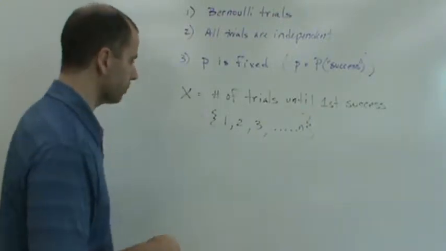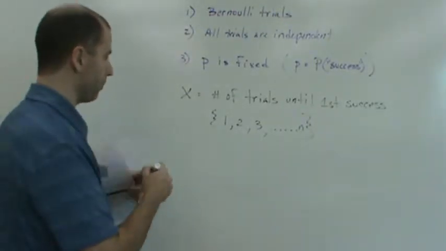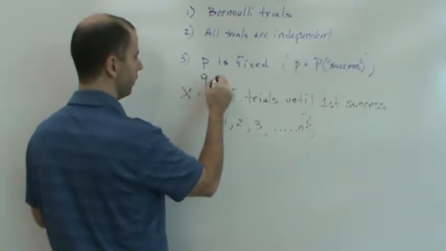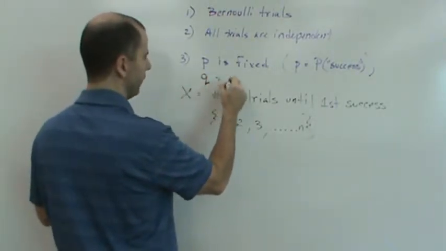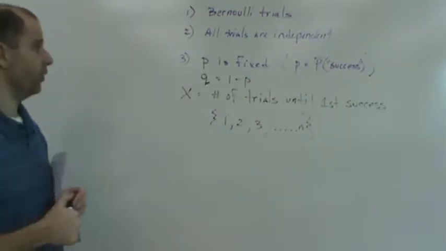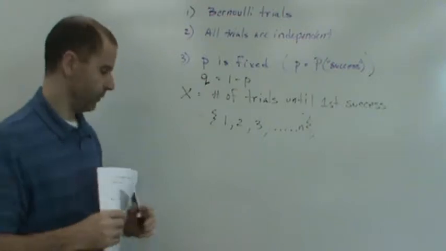Okay, so now just remember also q, so just like before, q is the probability of failure, right? So that's going to equal 1 minus p, the probability of success. Okay, so now how do we denote this?